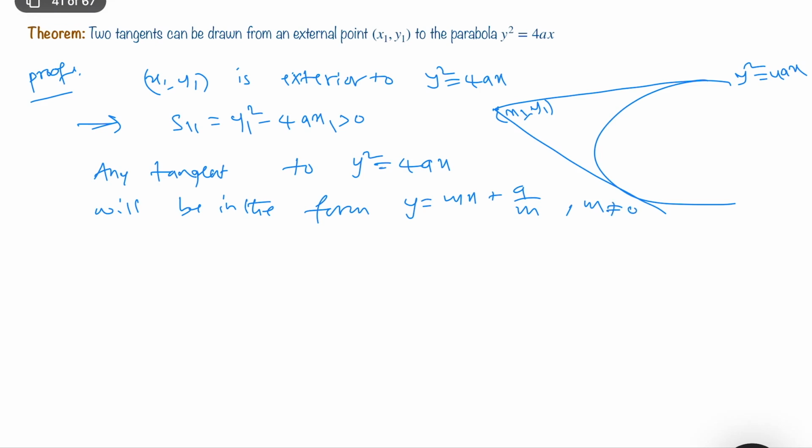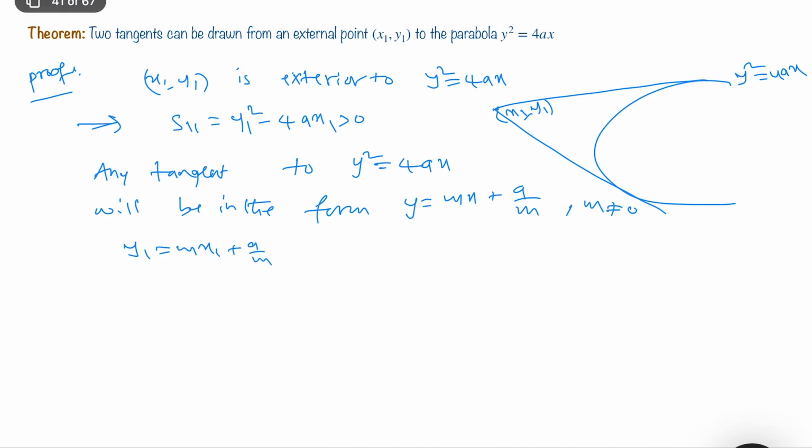So this is how the tangent equation looks for some choice of m. Now let us see for what choice of m these lines are passing through x1, y1. This tangent must pass through x1, y1, so we must have y1 equal to mx1 plus a by m.